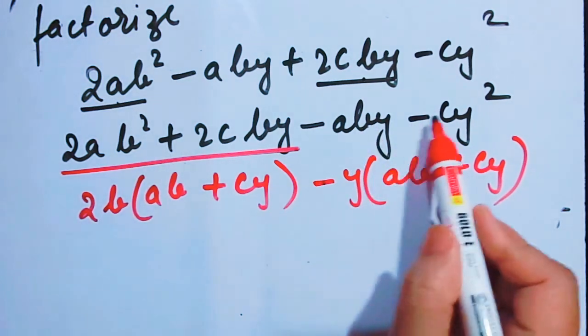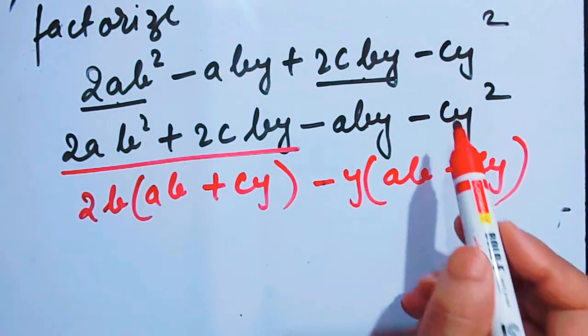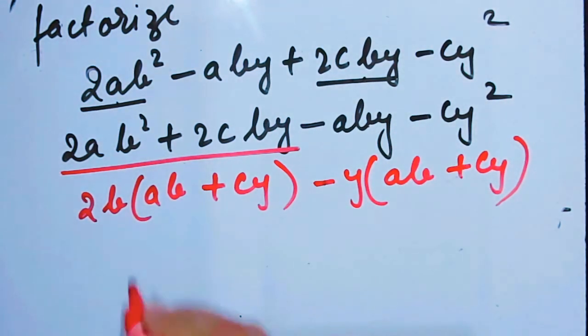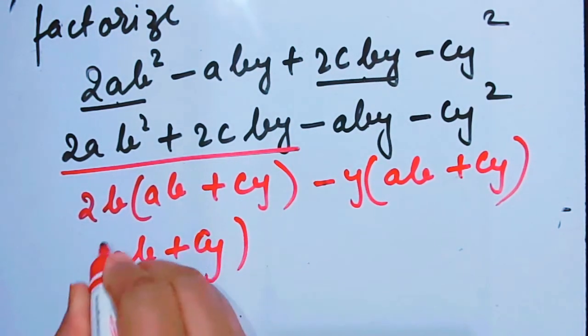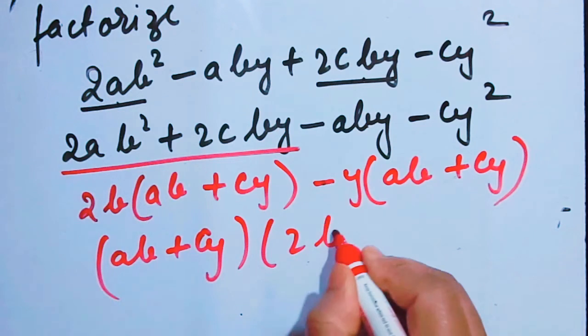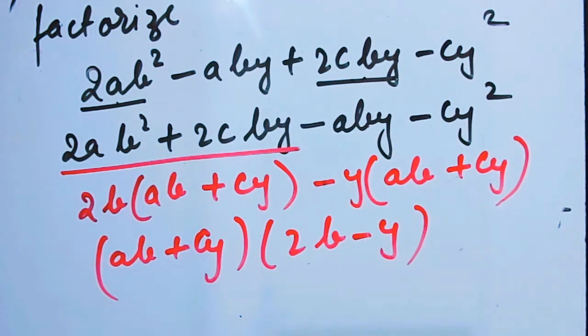This becomes plus, this also will become plus. AB plus CY, when taken common, you will get 2B minus Y. I hope this is also clear. Two more sums, so please stay tuned.